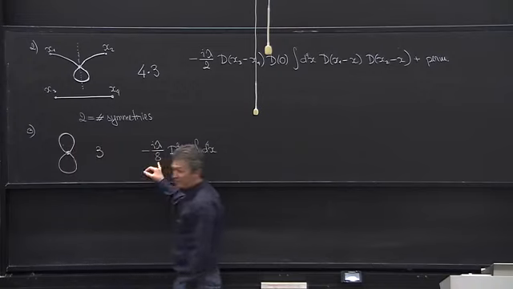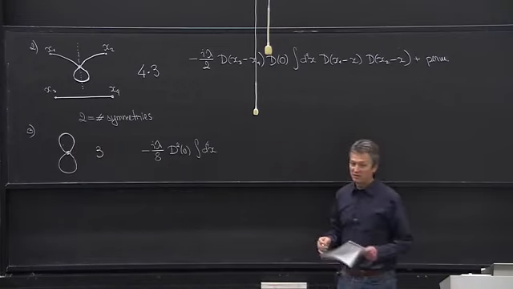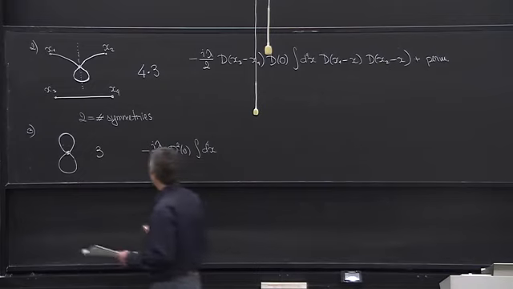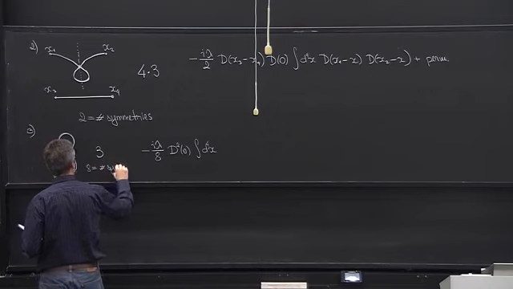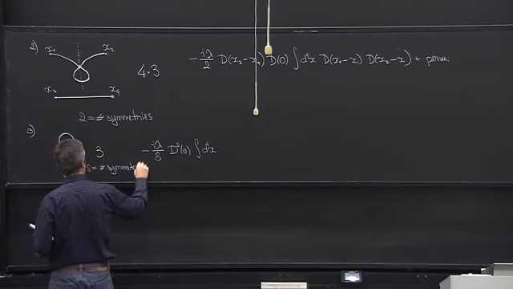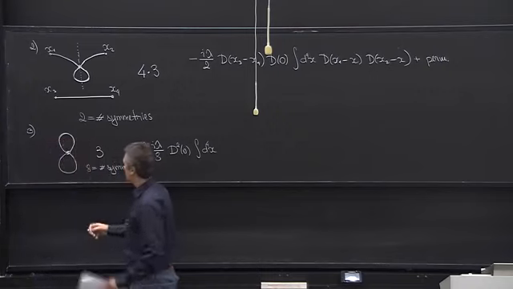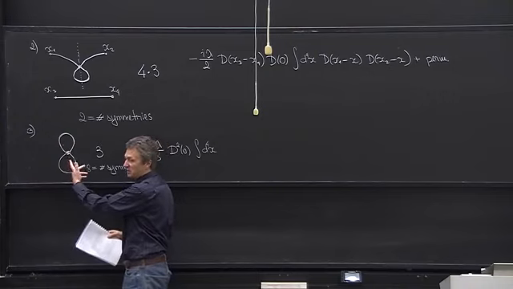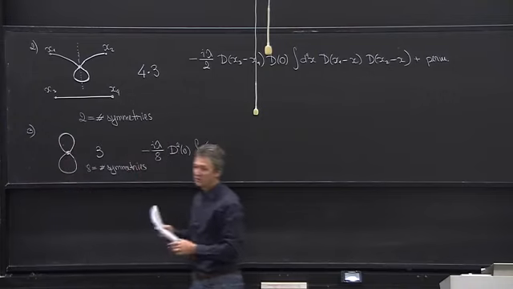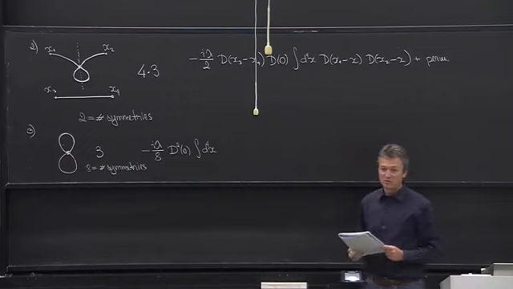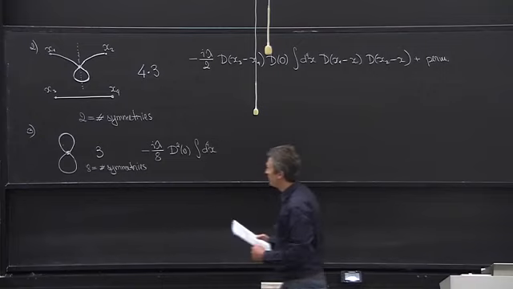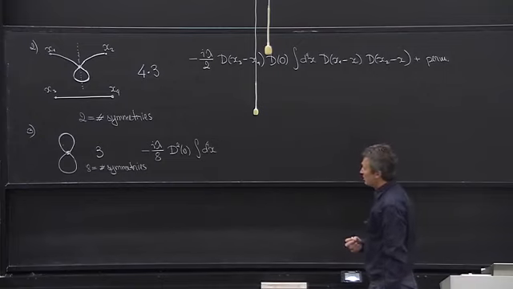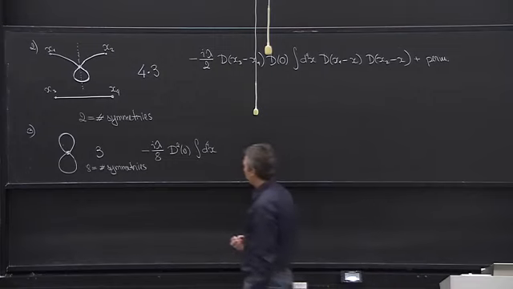So this 8 can again be associated with symmetries. So you can reflect each of the bubbles independently, and then you can swap 2 of them. So this generates a group of degree 8.